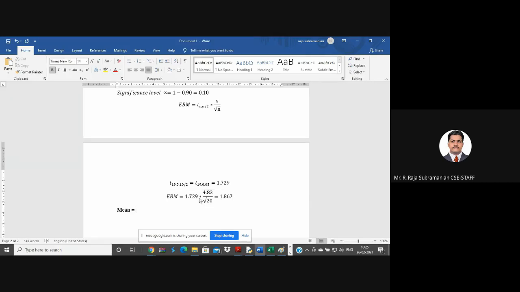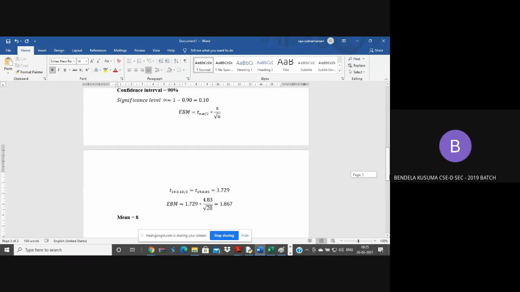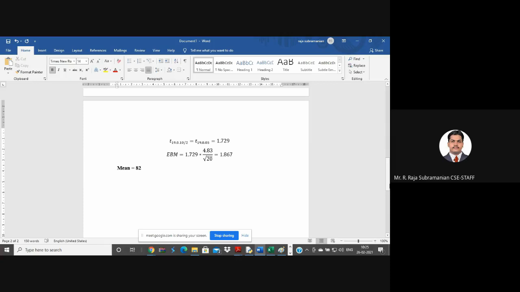Now I take my mean distribution. Mean is equal to 82.